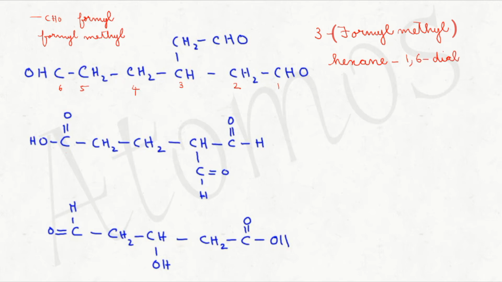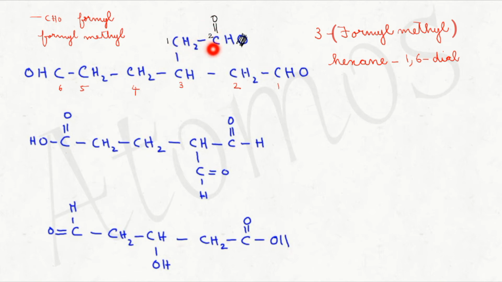Got it, no? But in some other books, you can see the name of the substituent in one more way. This formylmethyl group will be written in another way. We will see that also. To understand that, I have written the aldehyde group in this way. So, this is the longest carbon chain. The substituent which is directly attached to the main chain should be given number 1 and this carbon should be given number 2.